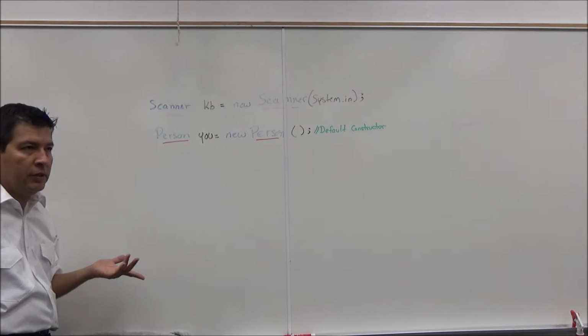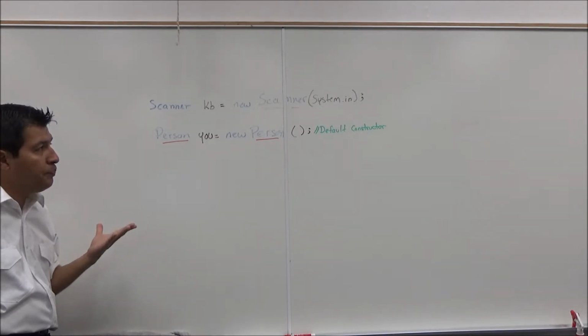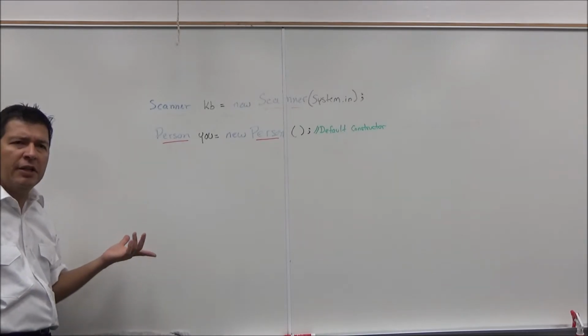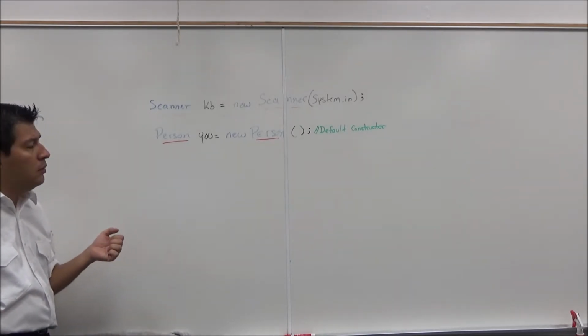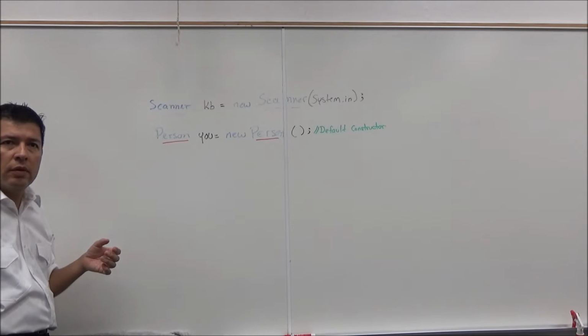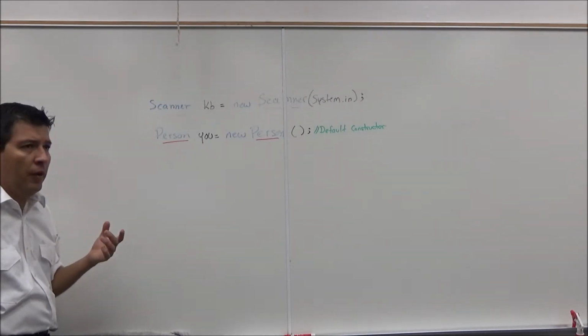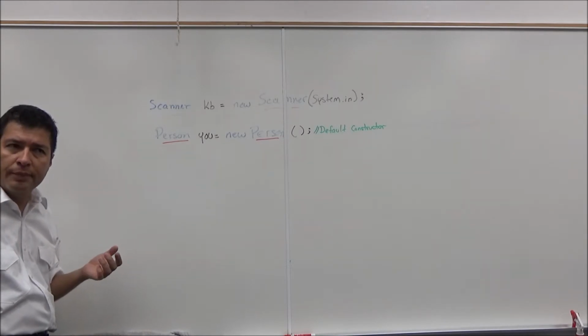Remember we did the person, we have the strings be nulls because they were pointers, but the age I think was 0. And the gender, I don't know if we had a gender or not, would be false because it was a boolean.